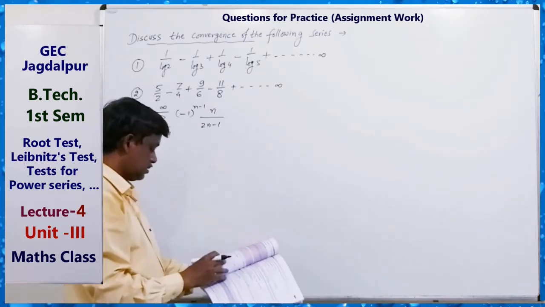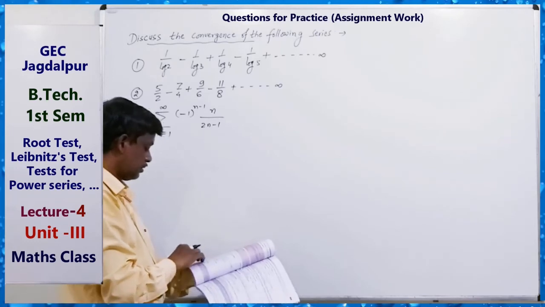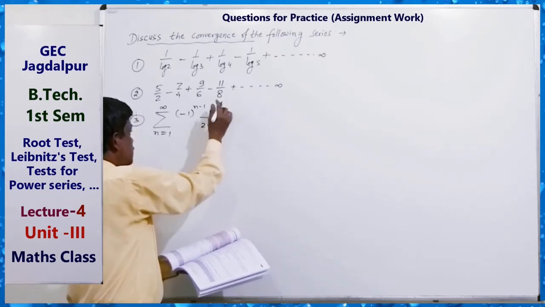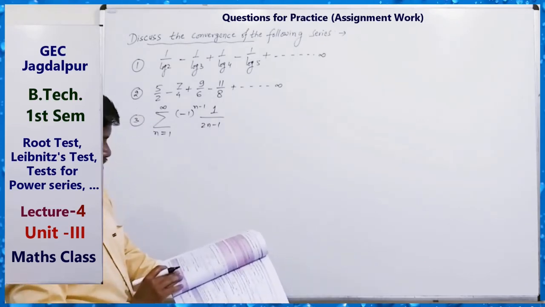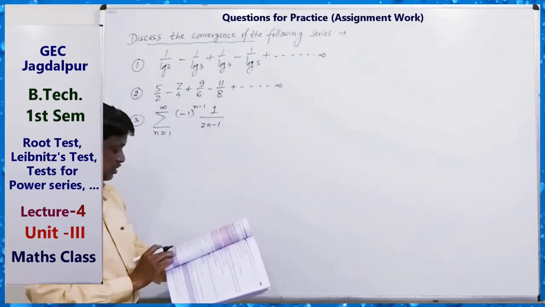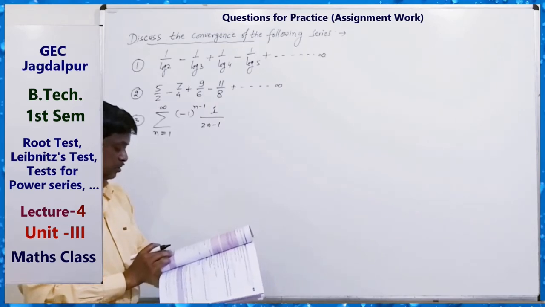Here, this is minus 1 to the power n minus 1, 1 upon 2n minus 1.